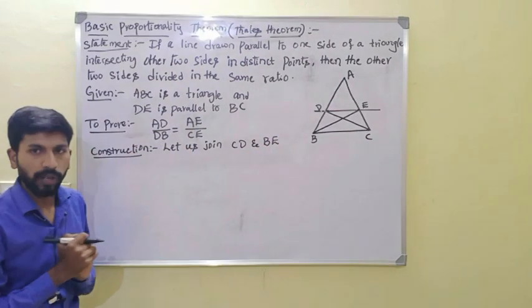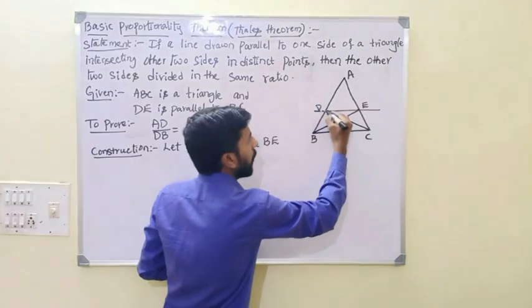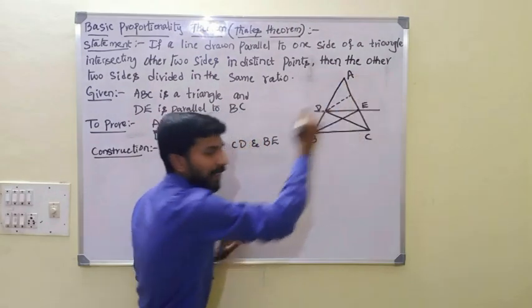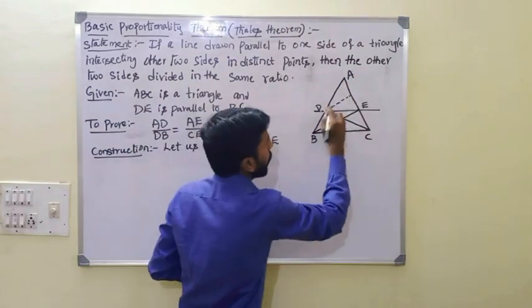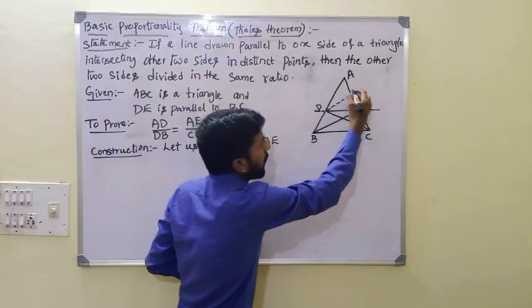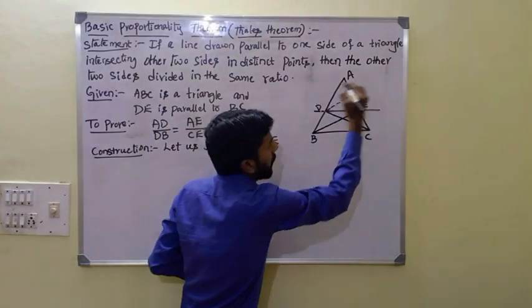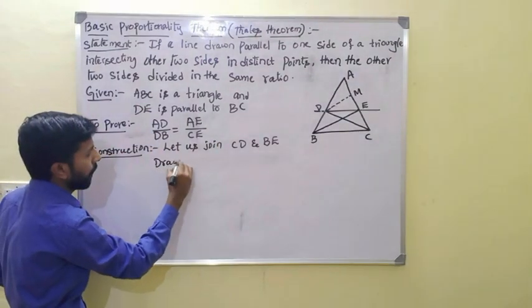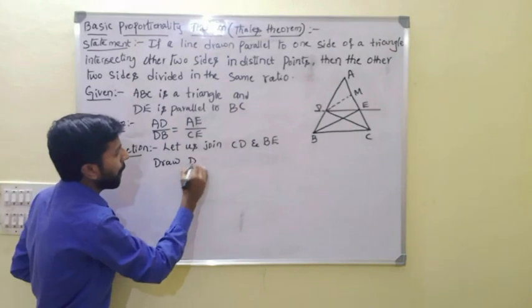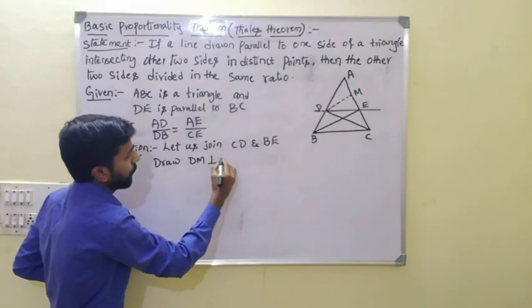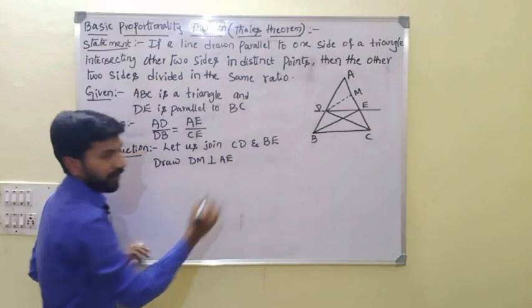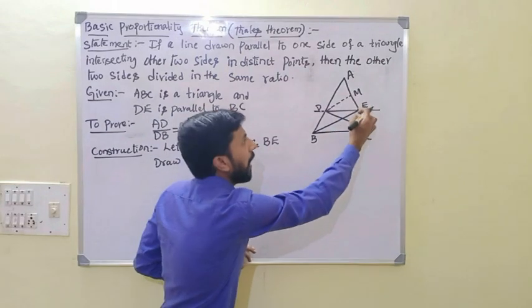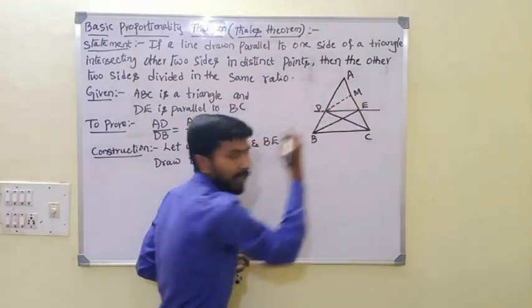And one more construction I'll do. What is that? I'll draw a perpendicular line to the side AE from D, and this point I'll consider as M. So draw DM perpendicular to AE, and from E I'll draw one more perpendicular to the side AD.